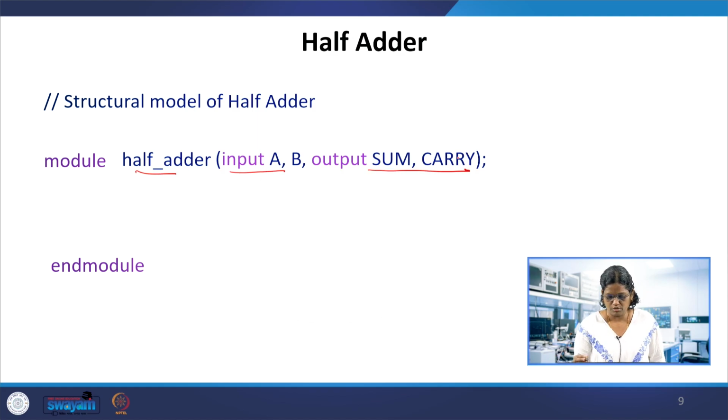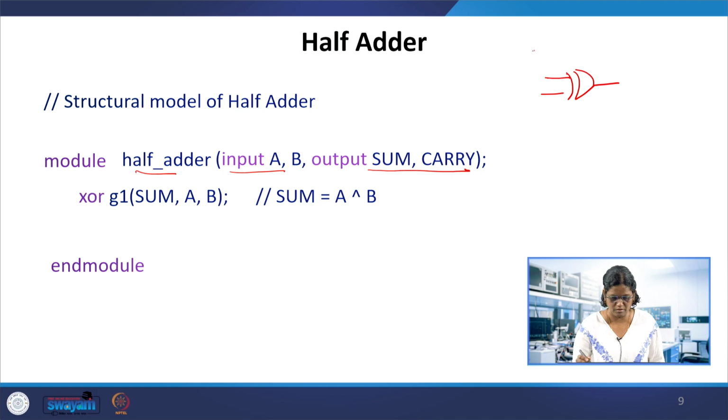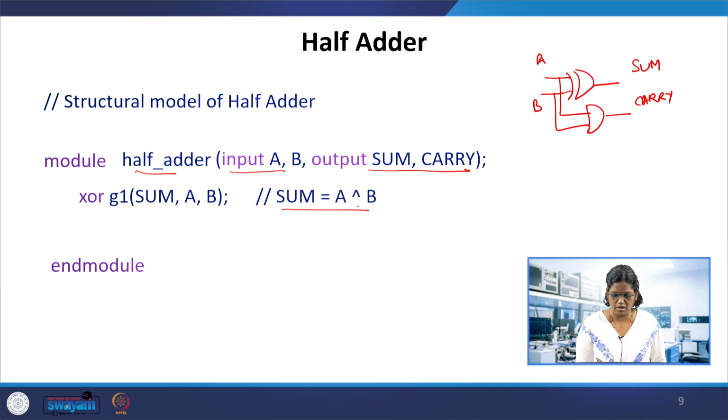You have the module XOR gate, if you just recall, that XOR gate which has inputs A and B, and this is sum, and the carry is also an output. Its XOR function is given here. This is the sum, A XOR B. The gate name, sum is the output, A and B are the inputs.